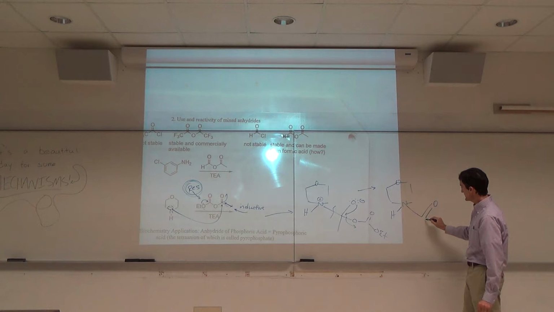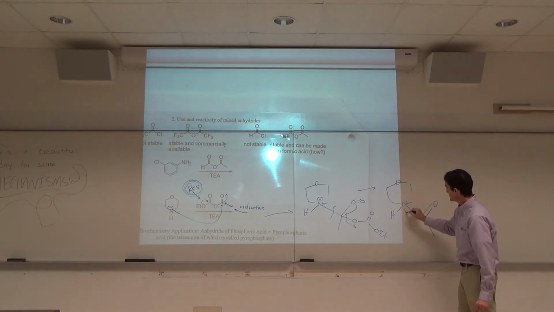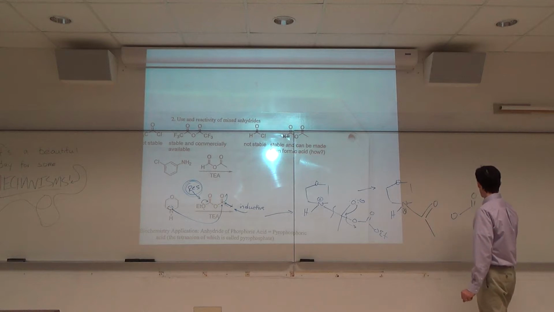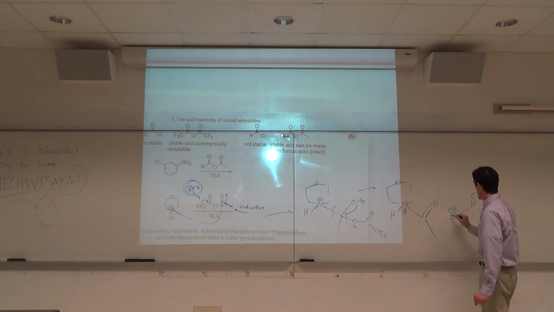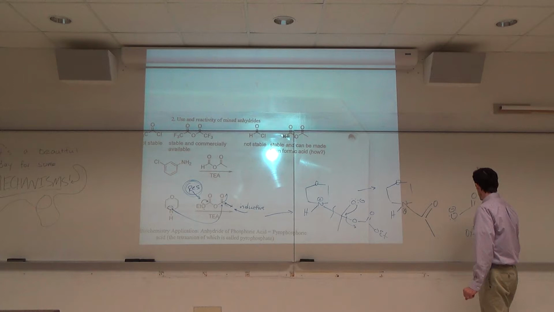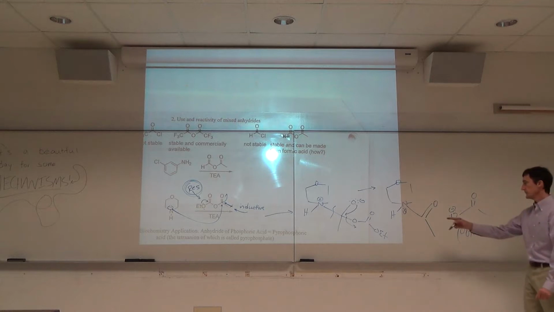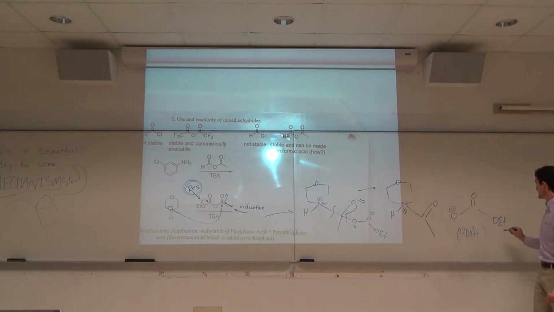What else is on this carbon? Methyl. Plus charge. What was the leaving group? Acetate, right? Oh, I'm sorry, it's not acetate. We have an O-ethyl, yes. Not acetate. O-ethyl.